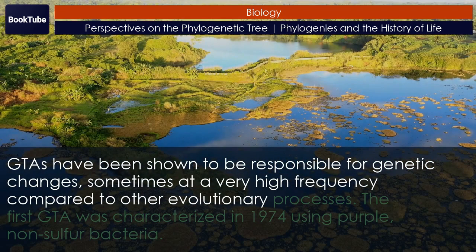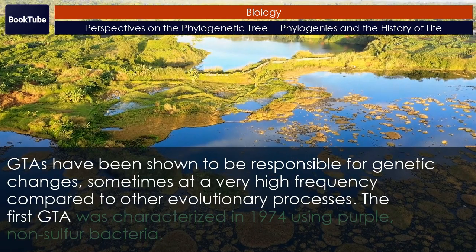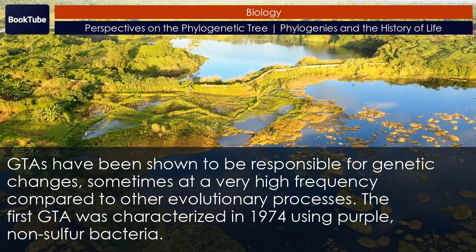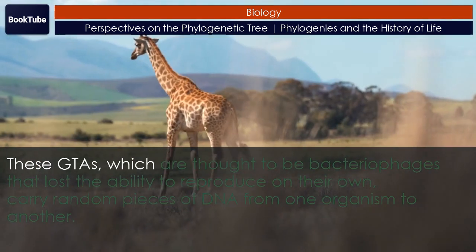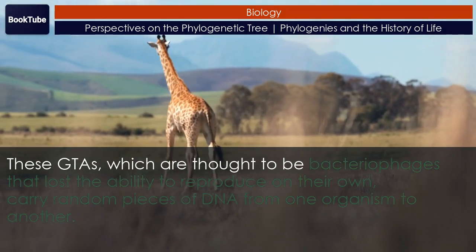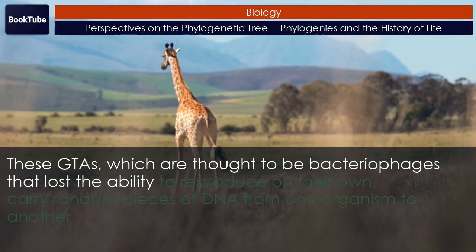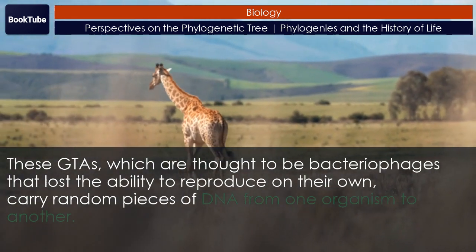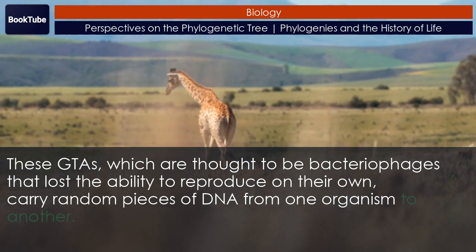The first GTA was characterized in 1974 using purple non-sulfur bacteria. These GTAs, which are thought to be bacteriophages that lost the ability to reproduce on their own, carry random pieces of DNA from one organism to another.